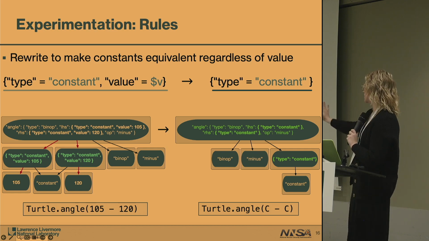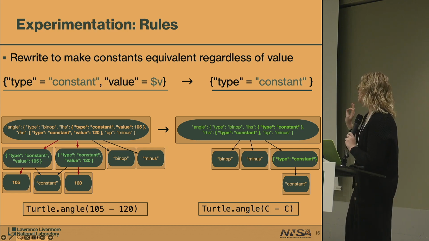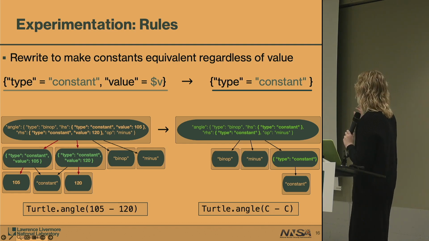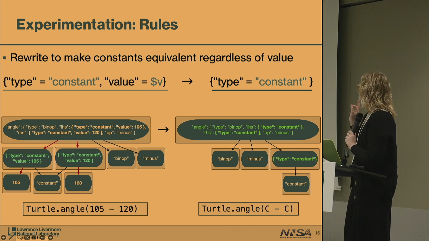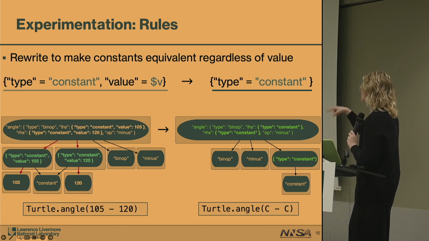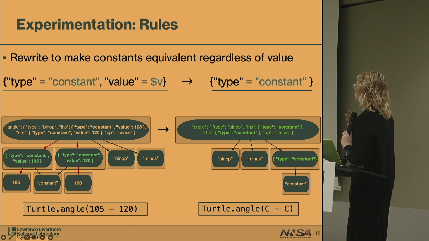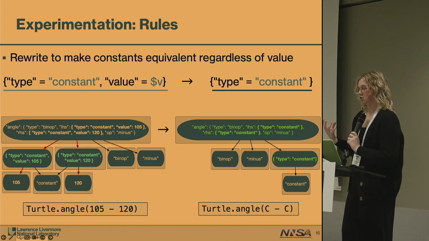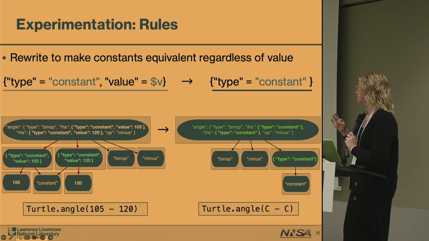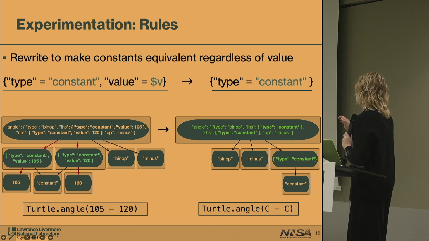So starting with the eGraph on the left, again, the teal is the nodes that have been matched by that pattern matching rule. So we have type constant value 105 and type constant value 120 being matched. And of course, that's going to propagate through the eGraph, as denoted by the red arrows here. So because of those relationships, because of that sharing in the hash cons, those nodes are also going to be affected when this rewrite rule is applied.